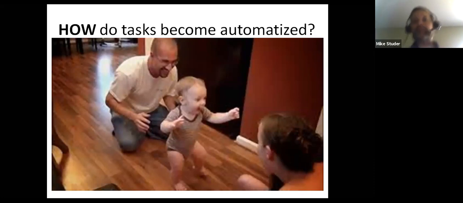So we have to gradually become automatized in our capacity to walk so that we can participate in secondary tasks such as facial communication, talking, carrying toys, chasing after a puppy, etc. So tasks become automatized through repetitions, but they additionally become automatized because we force them to become automatized or proceduralized by the nature of other things that we couple with them.